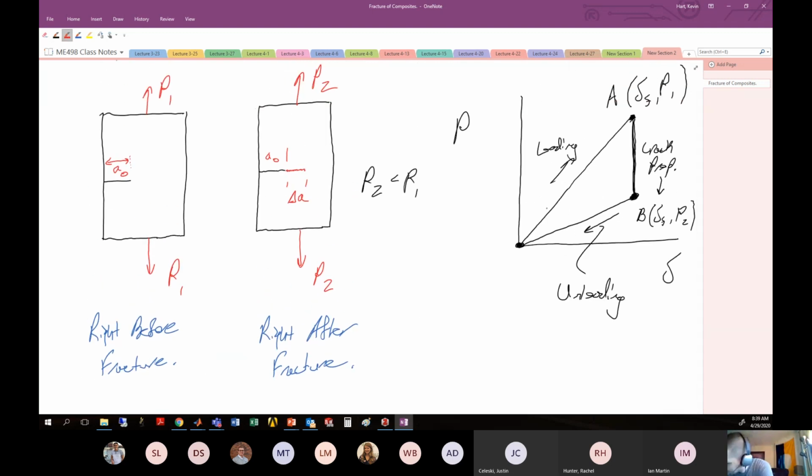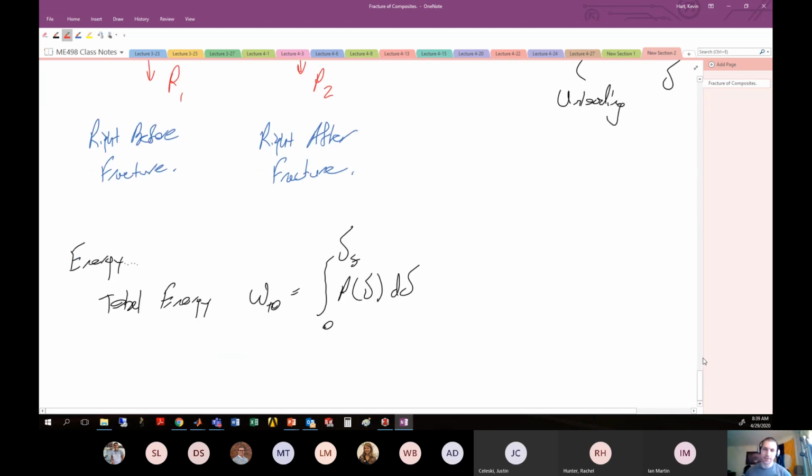So the total work that is done is the integral over the entire thing here. That is the total work that's inside of the piece. So that's the integral of this loading curve up to the maximum load and displacement. That's your total work. That is this portion of the equation.